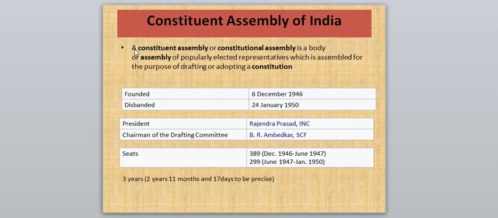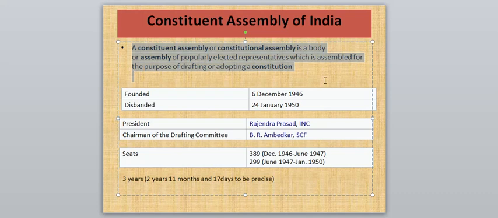What is the definition of Constitution Assembly? Basically, a Constitution Assembly is a body or assembly of popularly elected representatives which is assembled for the purpose of drafting or adopting a constitution.